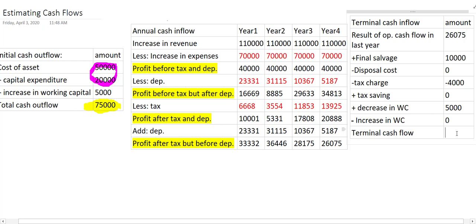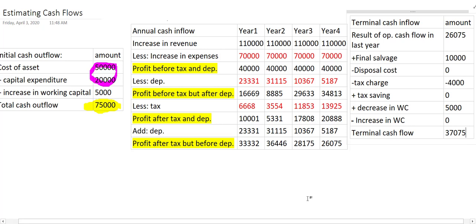Let me calculate 26,075 plus 10,000 minus 4,000 and also plus how much? 5,000. You will get equal to 37,075. So this is the terminal cash flow for the project.